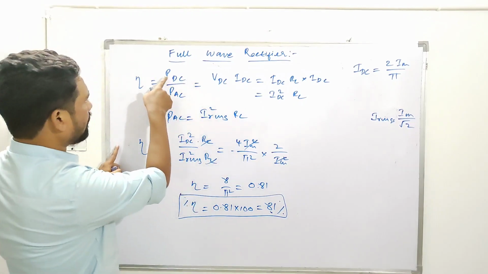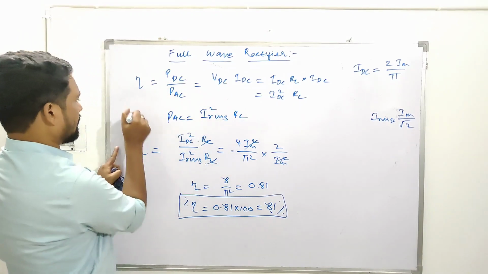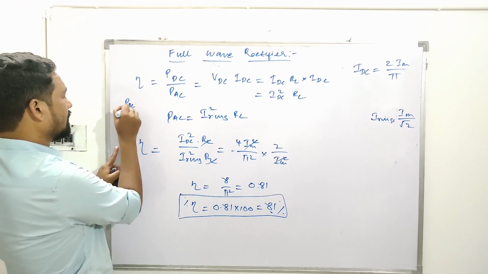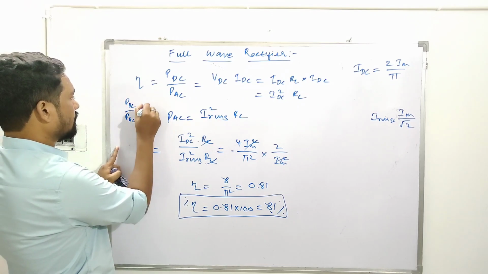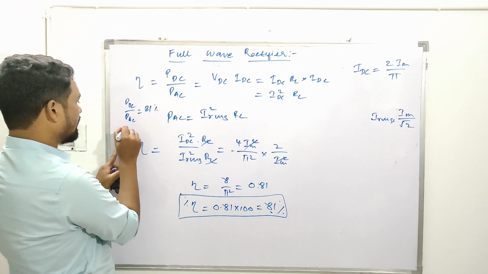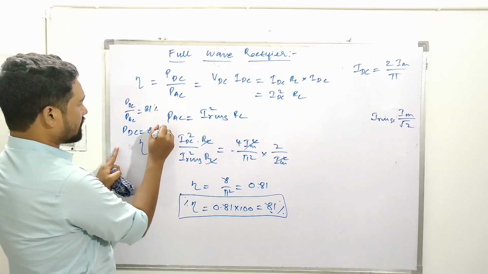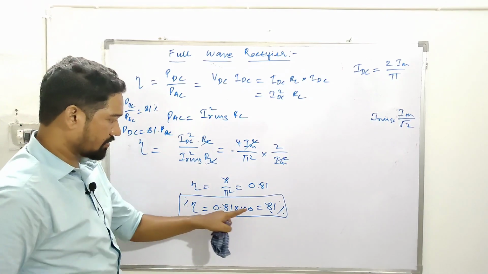That's PDC by PAC equal to 81%. So PDC is 81% of PAC, only 81%.